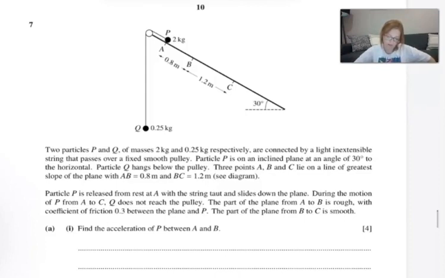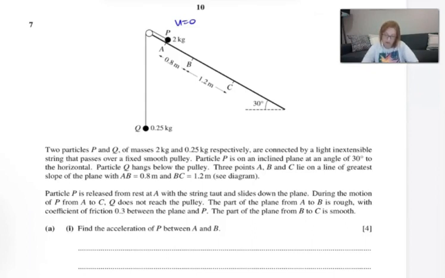Okay, particle P is released from rest, so u is equal to 0 at that point. It's 2 kg, the other one is 0.25, so P is probably going to be going down. It's released from rest and it slides down the plane. Okay, it is going down. During the motion of P from A to C, Q does not reach the pulley.